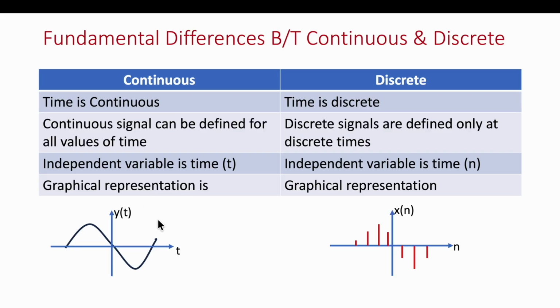Graphically, we can represent the continuous time signal as a continuous waveform, but for the discrete time signal you can see there are different samples at different n locations, where we have different values of the sample.